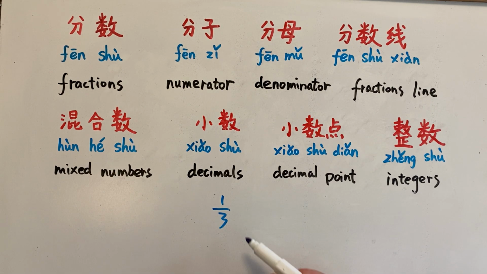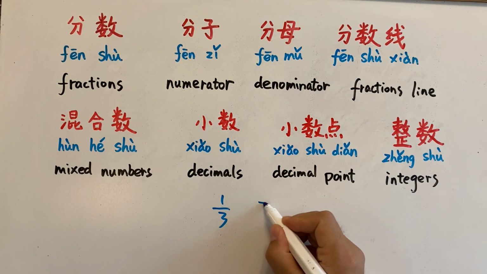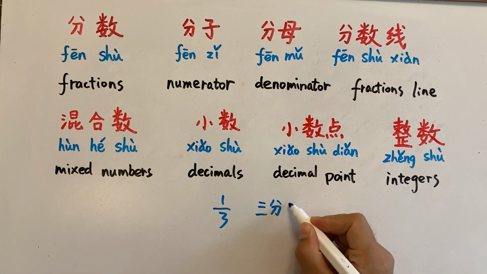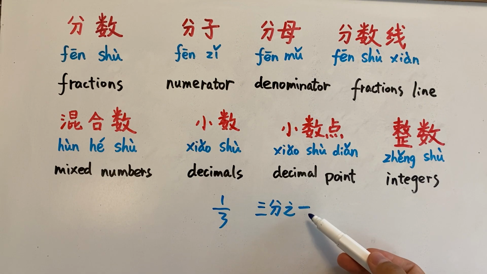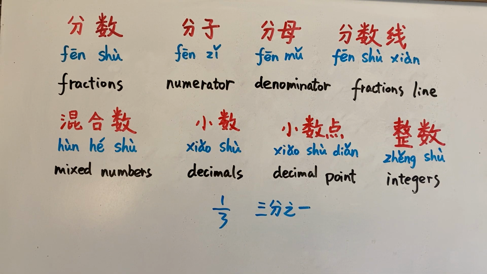So this should be called 三分之一. This 三 is the Chinese character of 3, and this 一 is the Chinese character of 1.